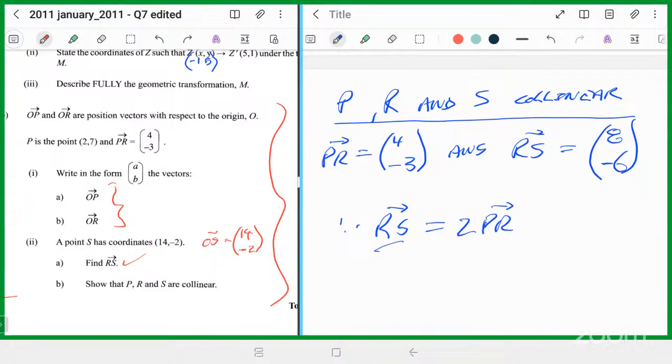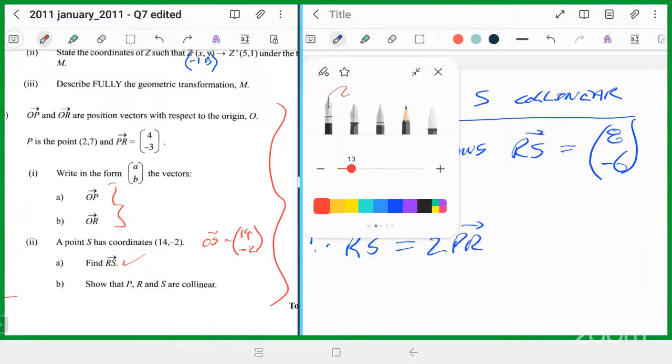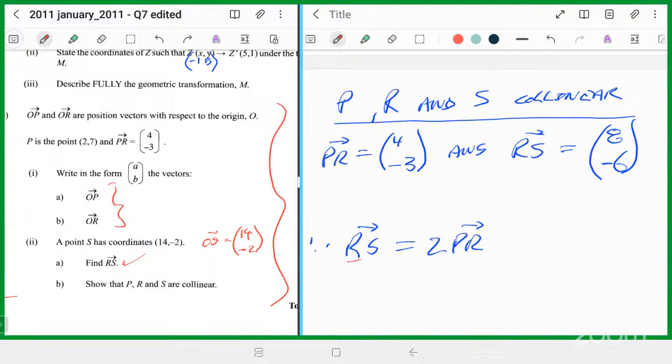This means that they are parallel. Let's mark the common point as well. The common point is R.